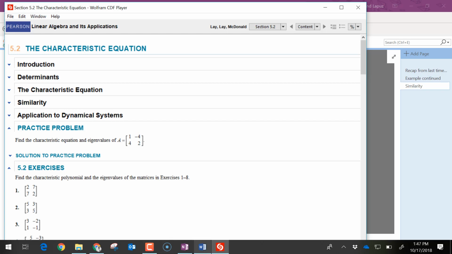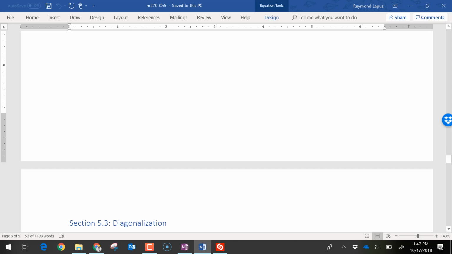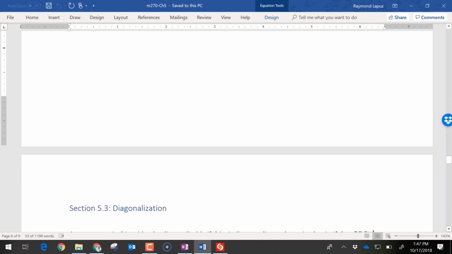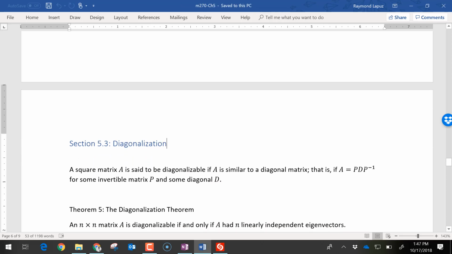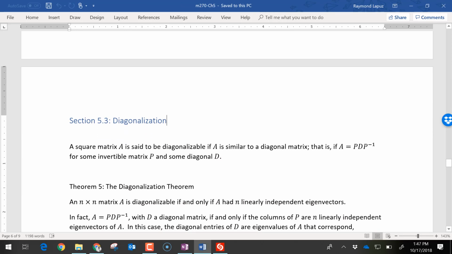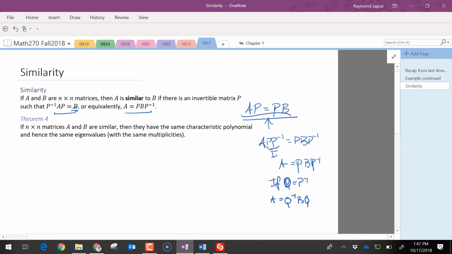So there's going to be something particularly special about the type of diagonal matrix that we're looking for. And the type of matrix that's similar to your original problem matrix is going to be a diagonal matrix. What's a diagonal matrix?